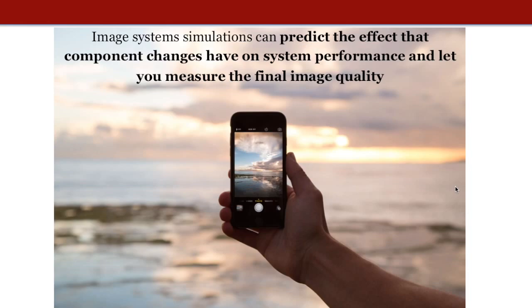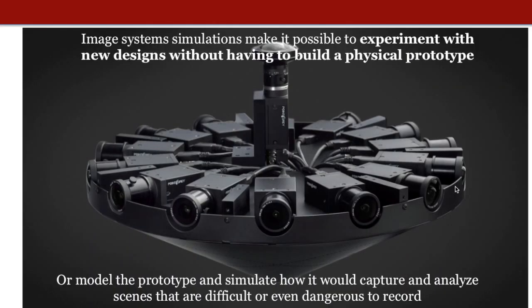Right, so there'll be engineers working on different parts, somebody working on the optics, somebody on the image processing, and they can all work together in the same simulation environment, modeling their component and seeing the effect that their changes will have on the final image quality. Or, in the case of autonomous vehicles, on the ability to classify objects.